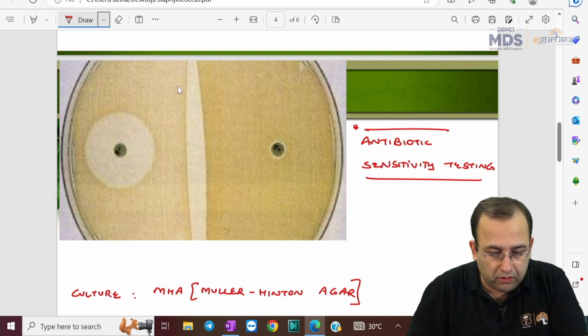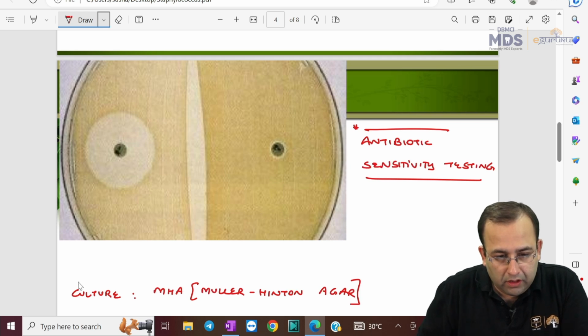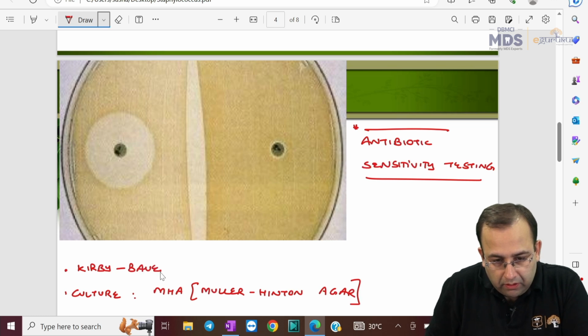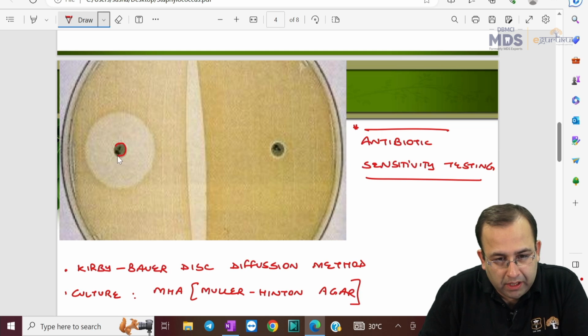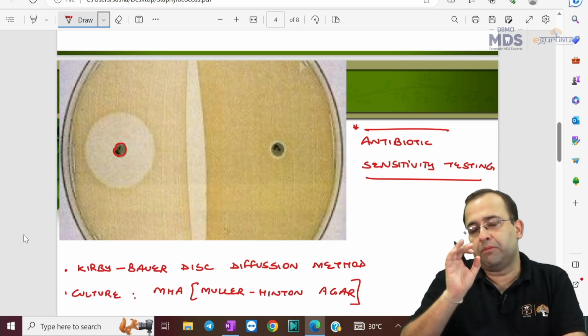What happens in this is, see, this is the Kirby-Bauer disc diffusion method. What does this mean? देखो बच्चे, you are able to appreciate the presence of this antibiotic disc. This disc has antibiotic in it.